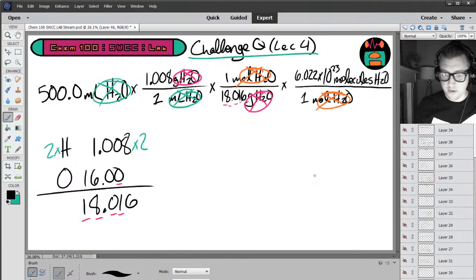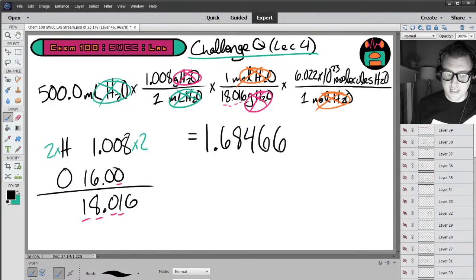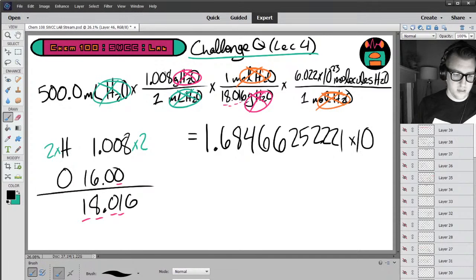So my calculator is telling me that my answer is 1.68466 25221 times 10 to the 25th. Now, sig figs wise, let's take a look.